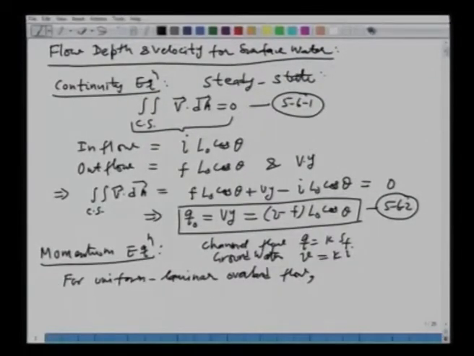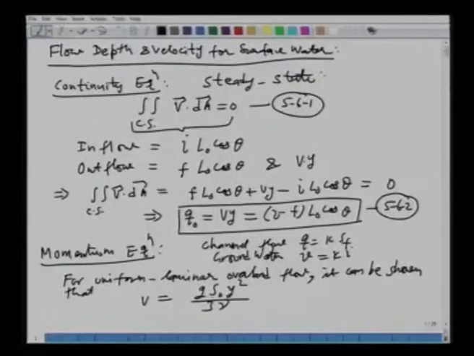We will not go into the derivation of that. It can be shown, so we are not going to show it here, but we will take it that the velocity is given by this expression, which is g times S0 y squared divided by 3 times mu. This represents the momentum equation for the flow conditions which we are considering.